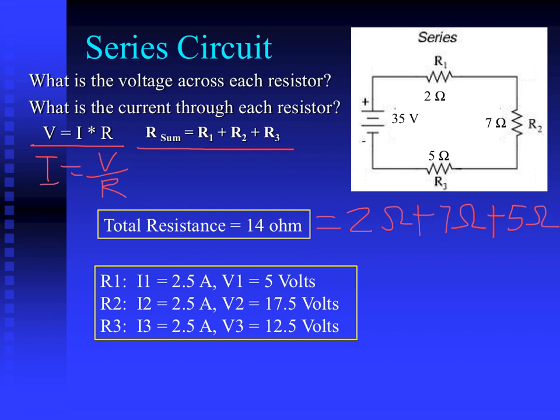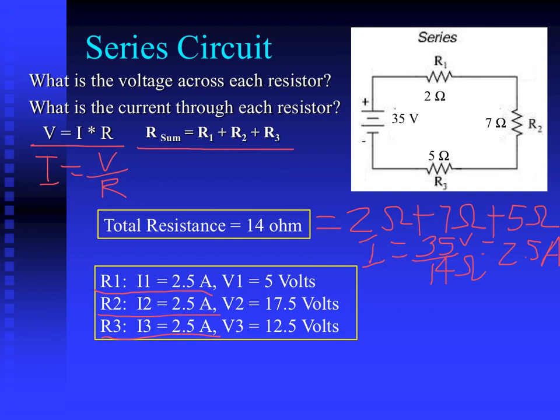Therefore, the total current in this circuit is going to be the 35 volts divided by the 14 ohms, which is equal to 2.5 amps, which is shown here. The total current in this circuit, the current going through R1, R2, and R3, is 2.5 amps.